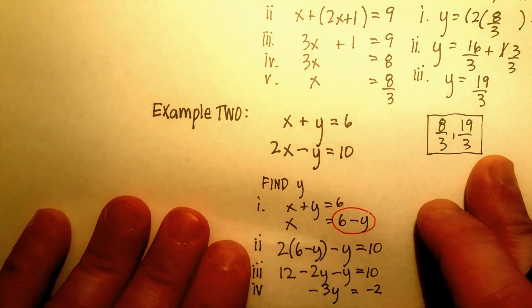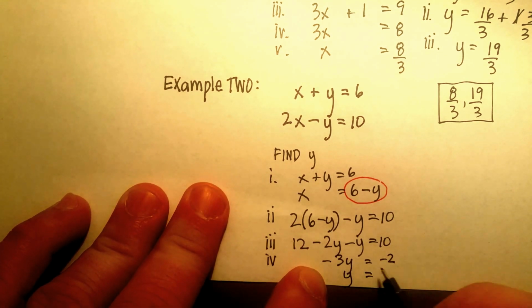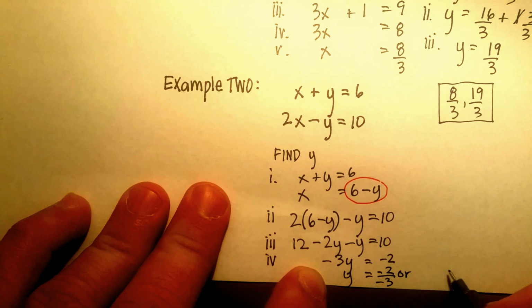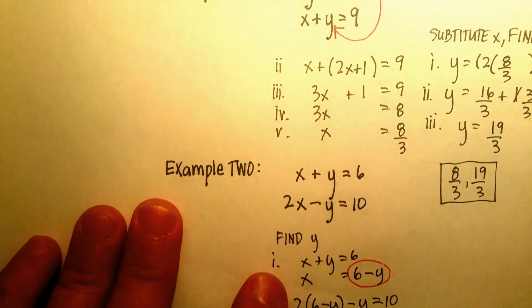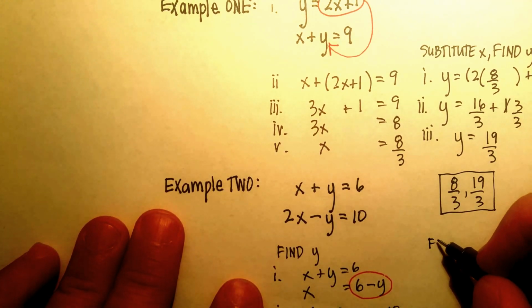Let's divide by negative 3 on both sides, and I get y is equal to negative 2 over negative 3, or really just positive 2/3. Okay?